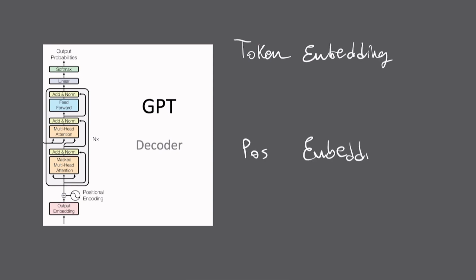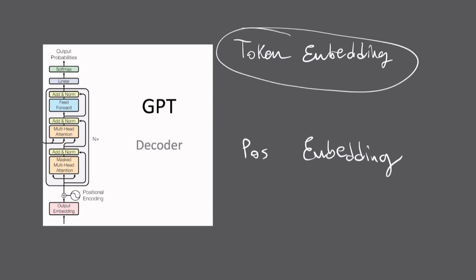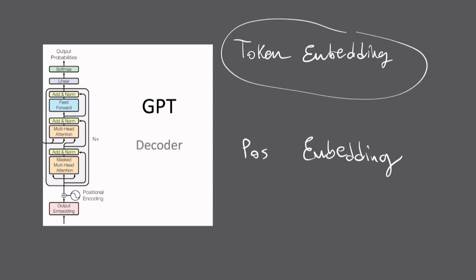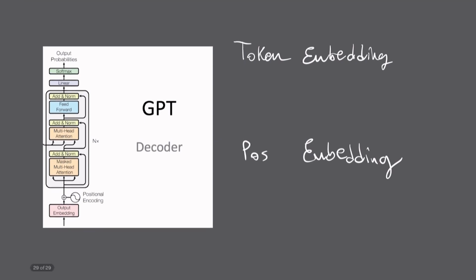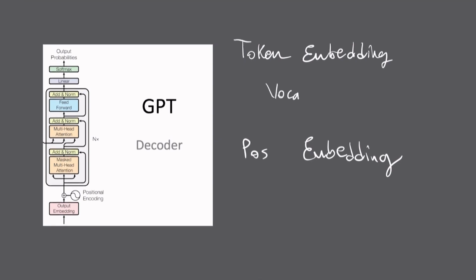And the goal of these embedding layers is actually to learn or train feature vectors. Specifically for the token embedding layer, the goal is to learn or train a feature vector for every single token in our vocabulary. So let's say we are doing a word level language model. So we can think of this embedding layer as actually a lookup table, and that lookup table will be of size vocab size, where vocab size is actually the number of different words that this model can recognize.